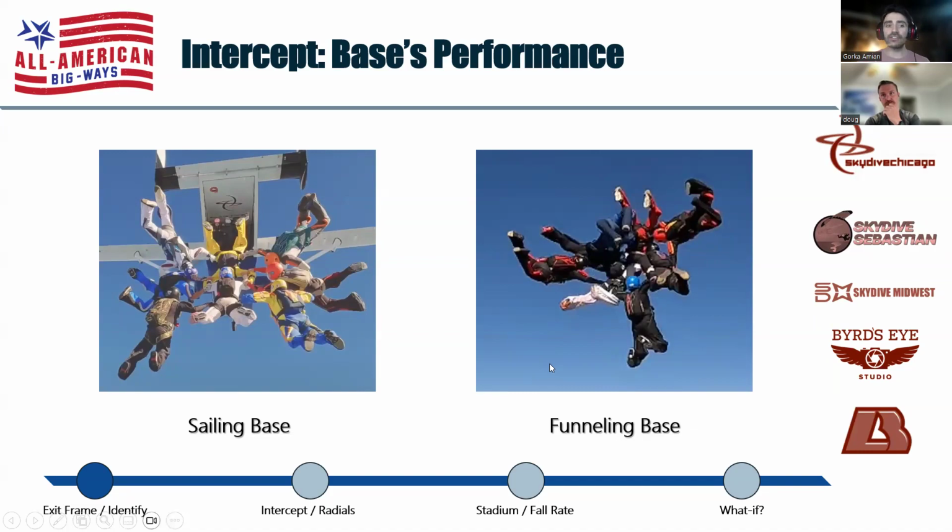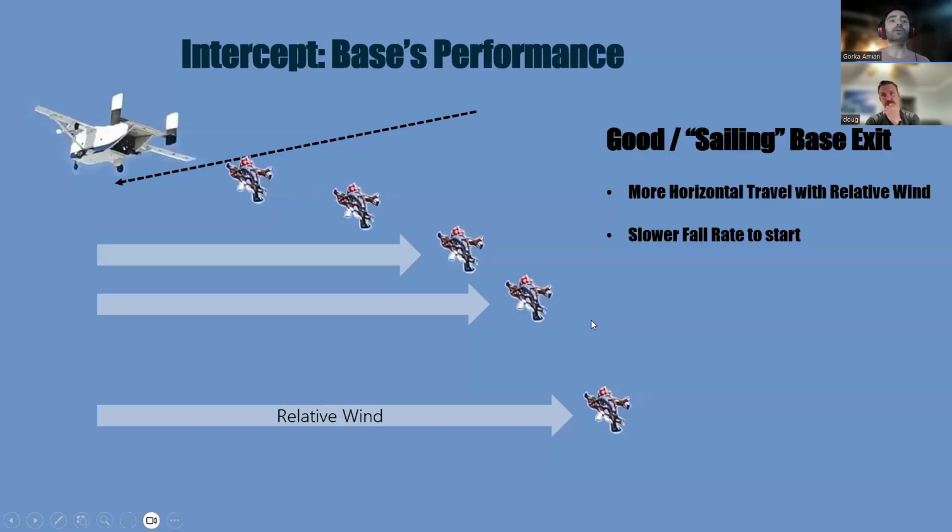So let's assume that we have a sailing base that hits the wind immediately. We're going 90, 100 miles per hour. And we hit the wind. The relative wind at the moment we exit comes from the direction where the planes are traveling towards. And we use this term of sailing, which is not very academically correct, because we're not actually moving to the right, but we are moving away from the airplanes flying, which is where that term comes from, right?